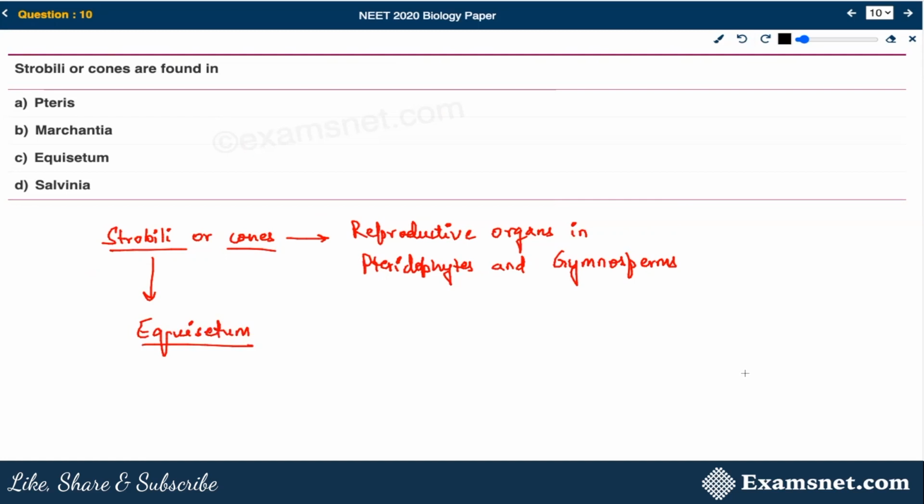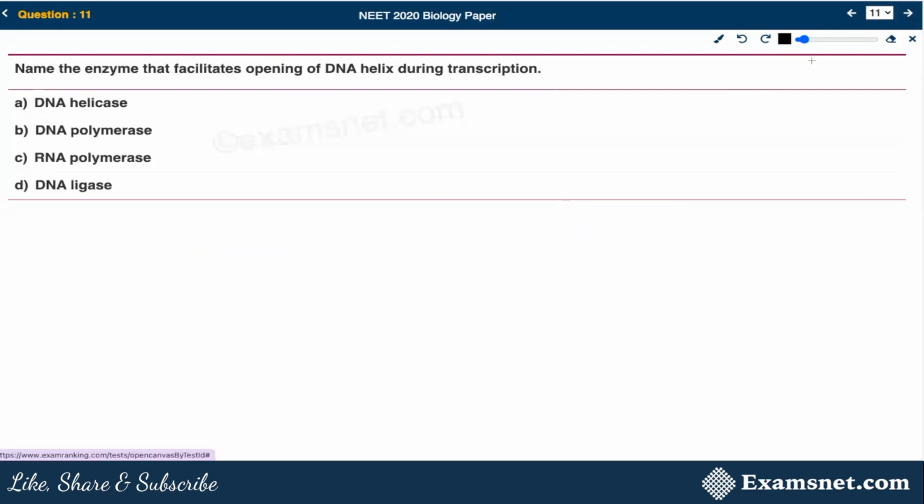All right. So strobili or cones are prominently found in case of Equisetum, which is a higher category of pteridophyte, you can say. So this is the part. Now let's move on to the next question.